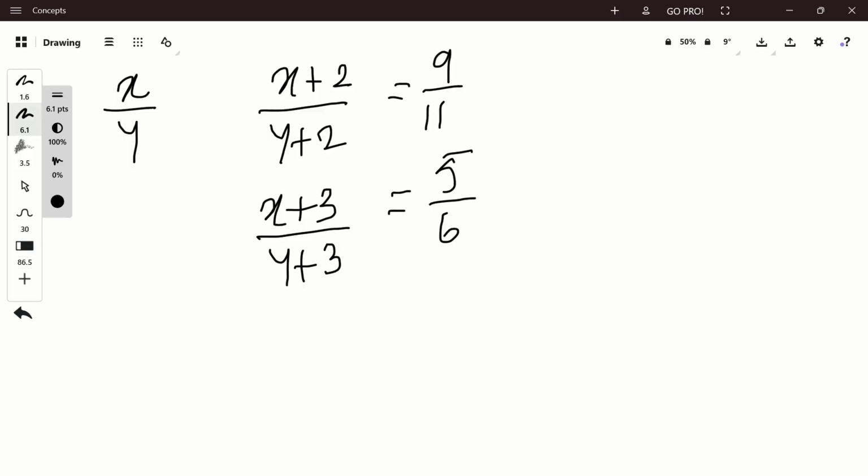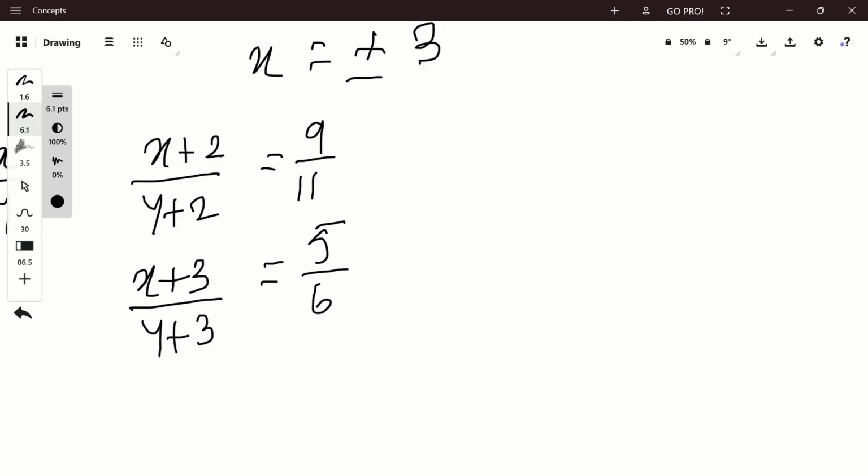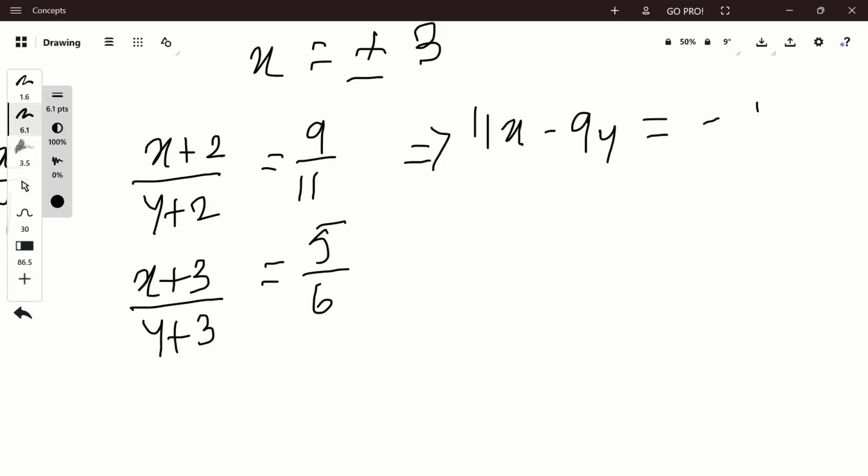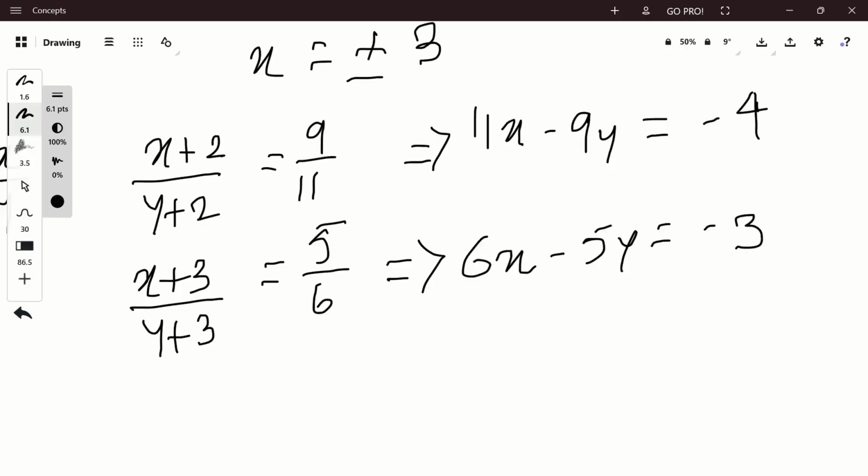Cross multiplying to simplify the equations, we get 11x minus 9y is equal to minus 4 and 6x minus 5y is equal to minus 3.